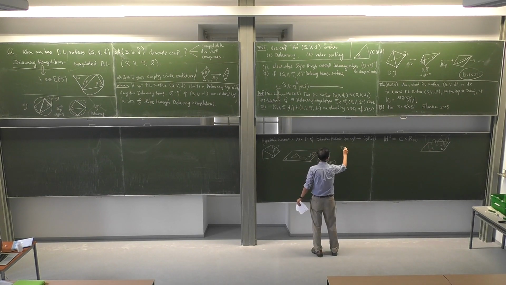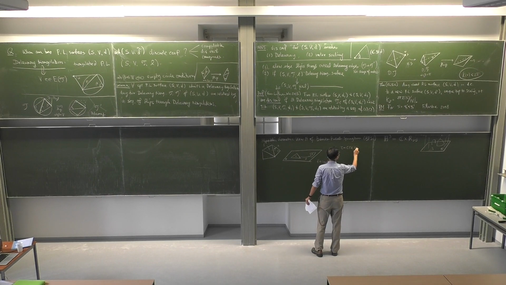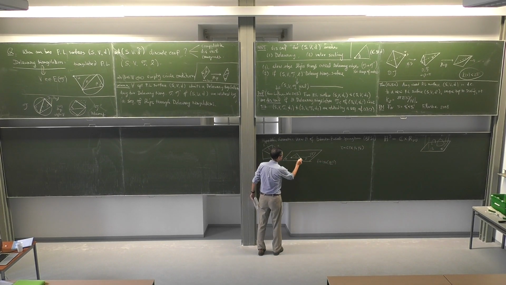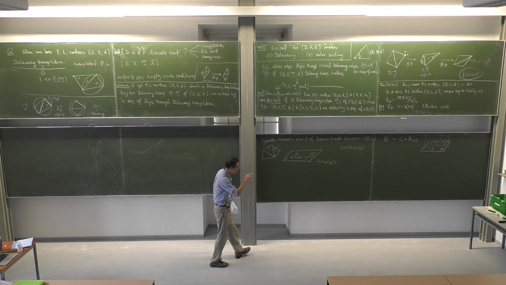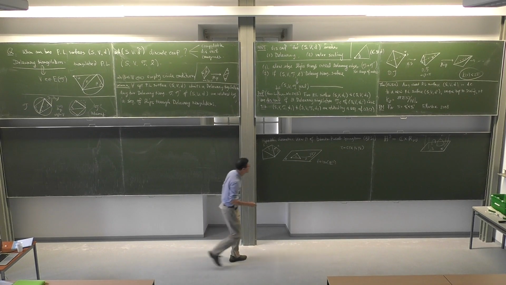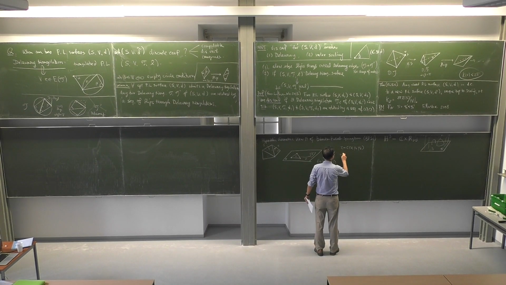Every Euclidean triangle is the convex hull of 3 points, V1, V2, V3, the vertices of it. Now you can take the convex hull of these 3 points in hyperbolic three-dimensional space.